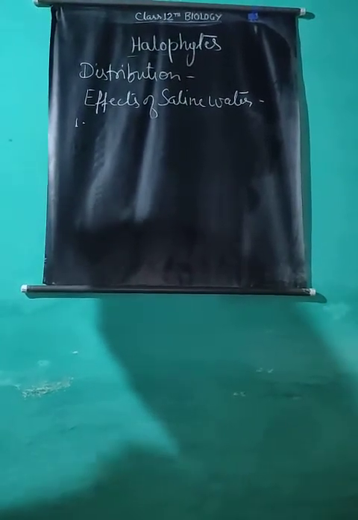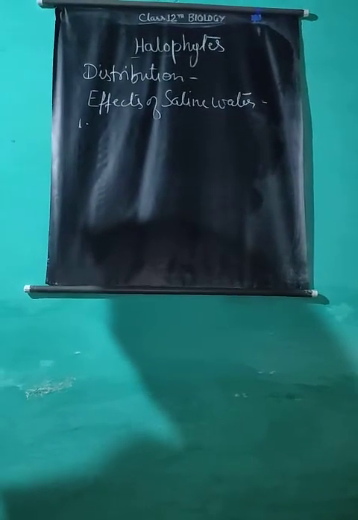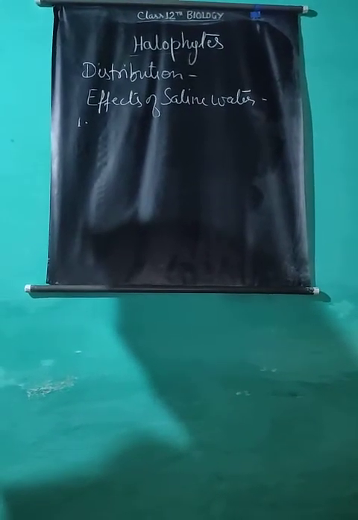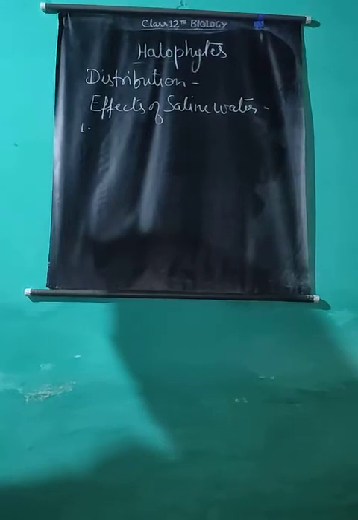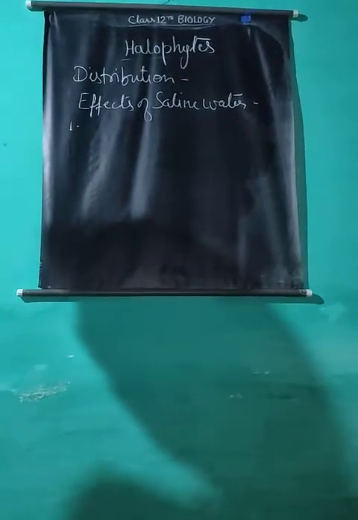In the majority of plants, germination is greatly retarded and seedling survival is almost impossible under saline conditions. Here, seeds germinate before their dispersal. In these plants, seed germinates when it is present within the fruit. This condition is called vivipary.